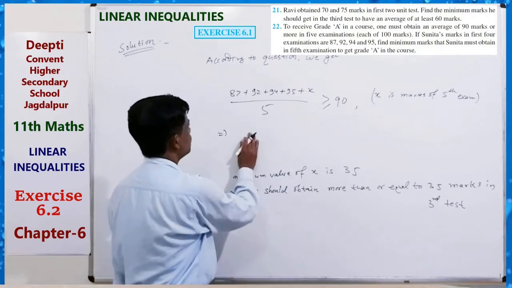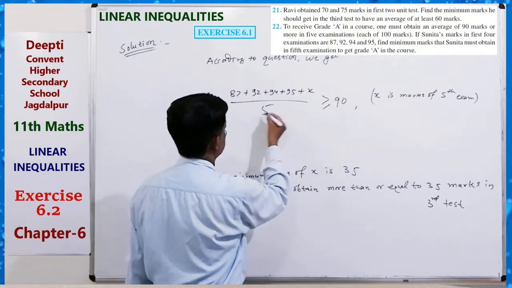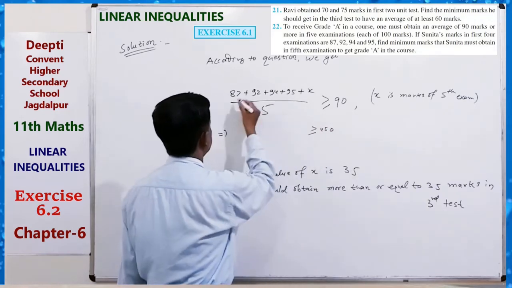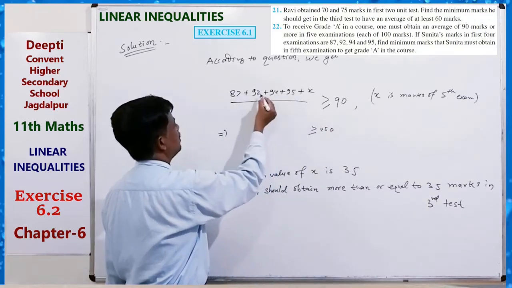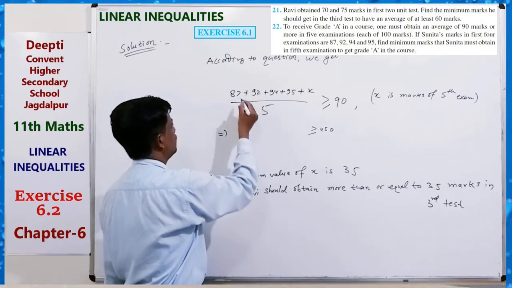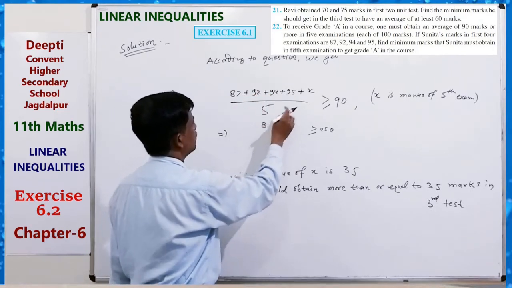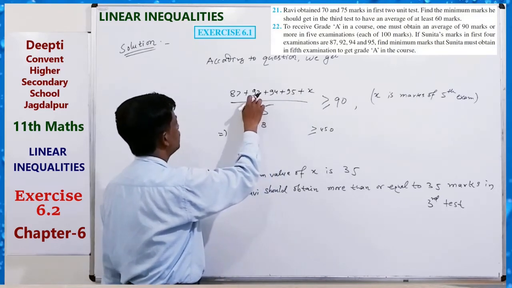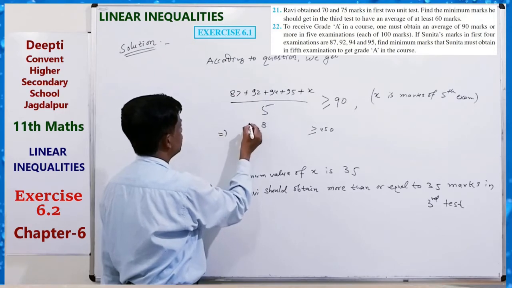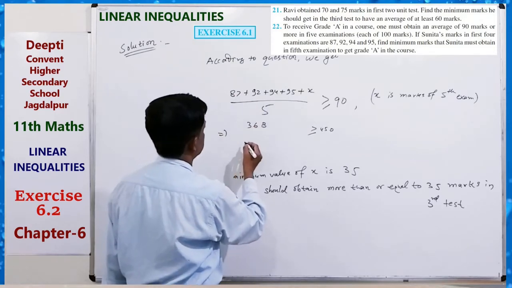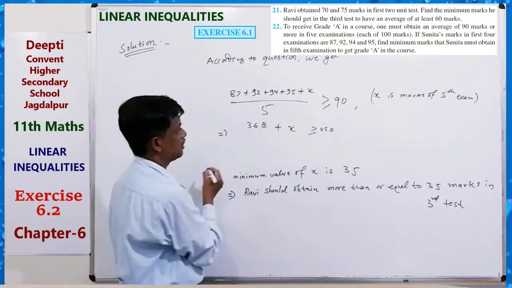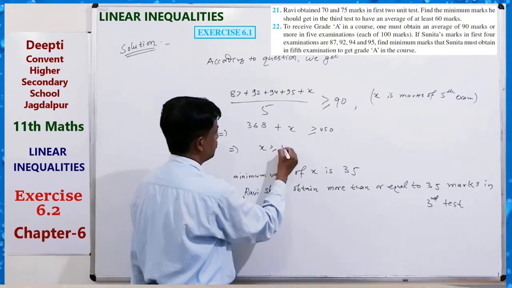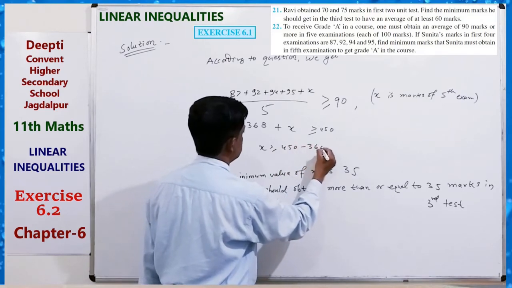You have to solve it. 90 times 5 is 450, and the sum of the four marks is 368. So 368 plus x is greater than or equal to 450, so x is greater than or equal to 450 minus 368.